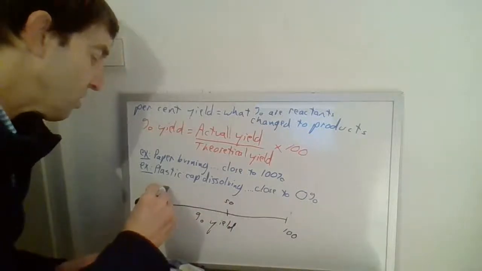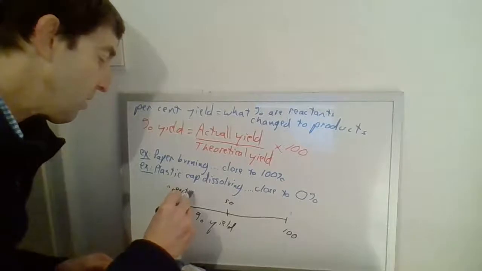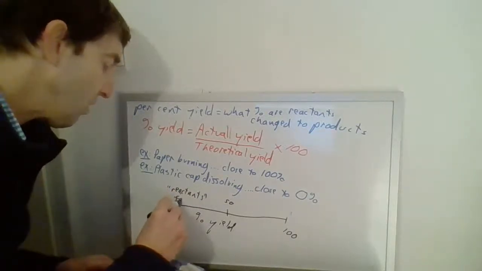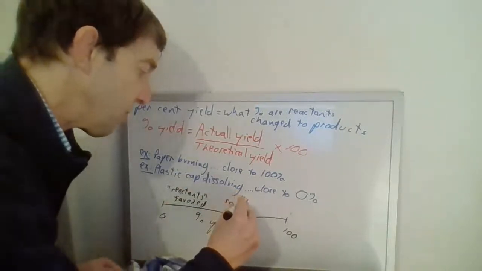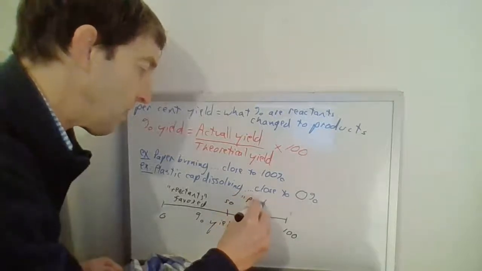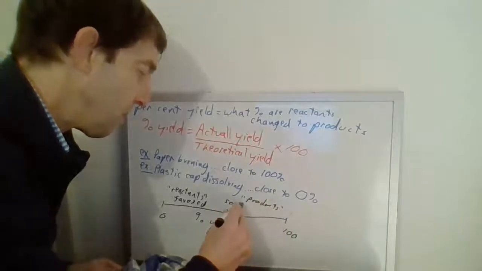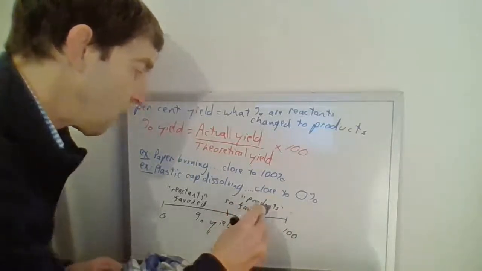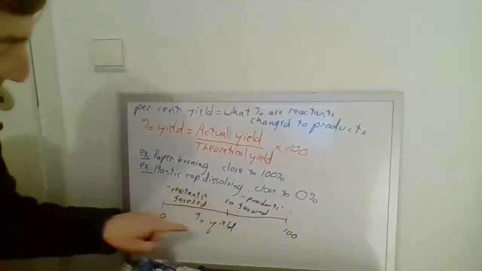This is where I would use the term reactants are favored. And if it's over 50, that's where I'm going to say the products are favored. Okay? I hope that makes sense to you. So less than 50, reactants favored, greater than 50, products favored.